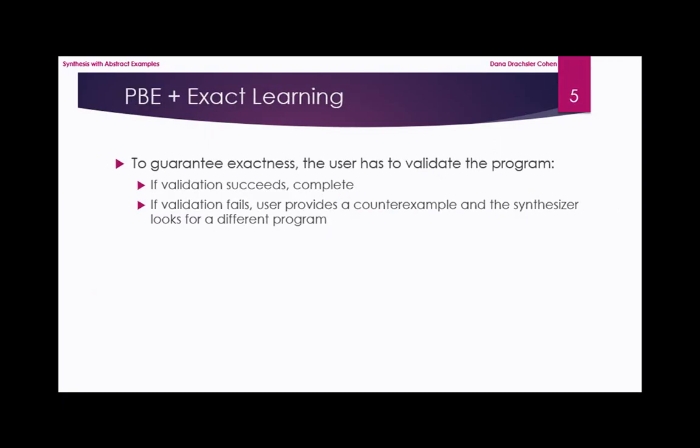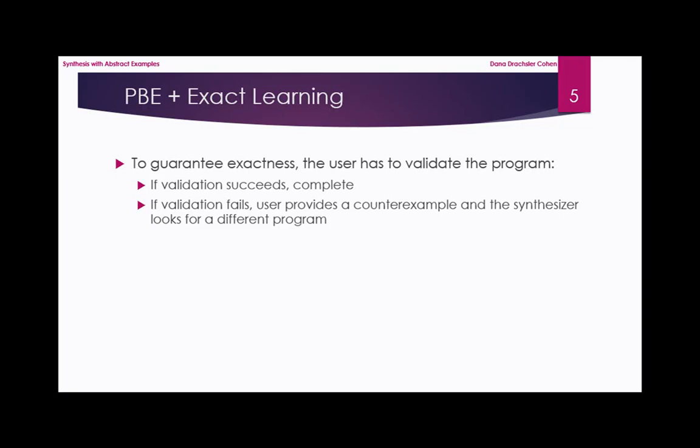It is probably clear that if we want to extend PBE with the notion of exact learning, we need the user to somehow validate the program. If the validation goes successfully, then we know we have learned the user's intent. Otherwise, the user will probably have to provide some counterexample, and the PBE will look for another program, and so on.